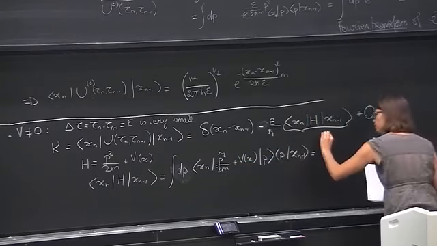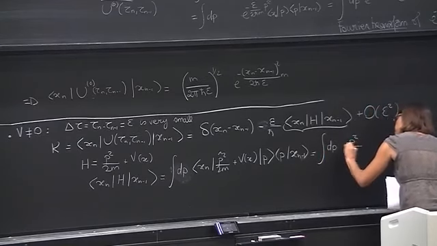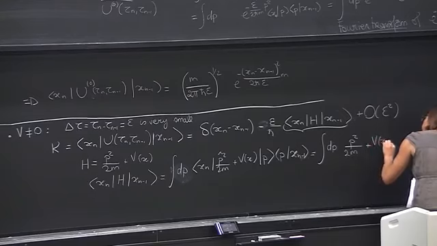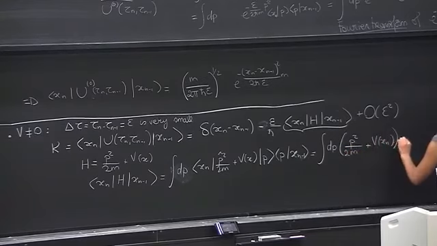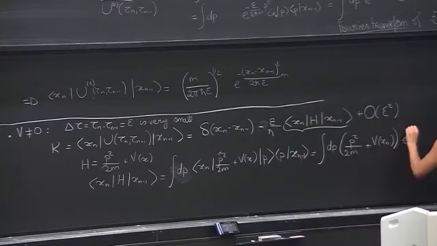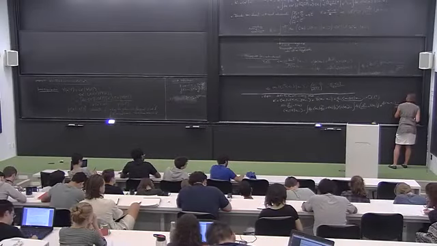So what we get here is just dp, p squared, v of xn. And then I'm just going to get the same exponential as before. So a, which was ip xn divided by h bar, my normalization factor.